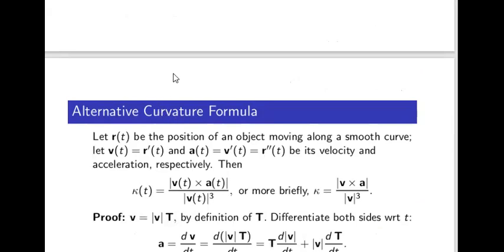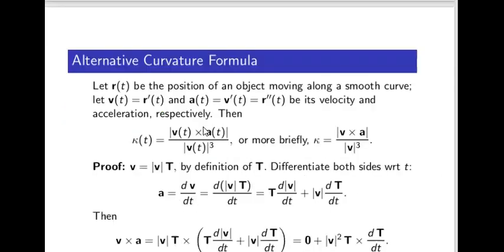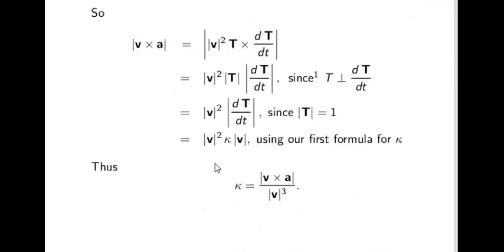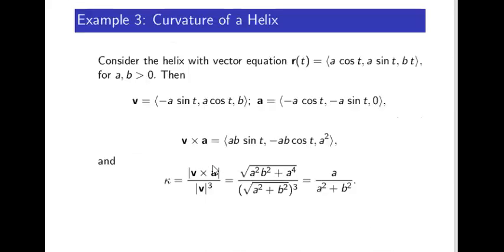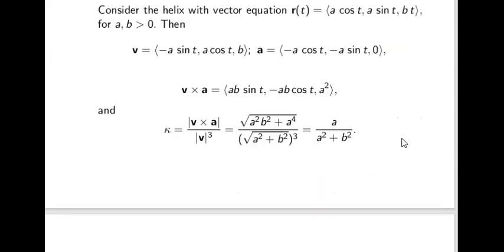The particle is moving along a space curve, in 3 dimensions or 2 dimensions. It doesn't matter, but 3 dimensions makes sense here because you can compute this cross product. And the helix, we found that.